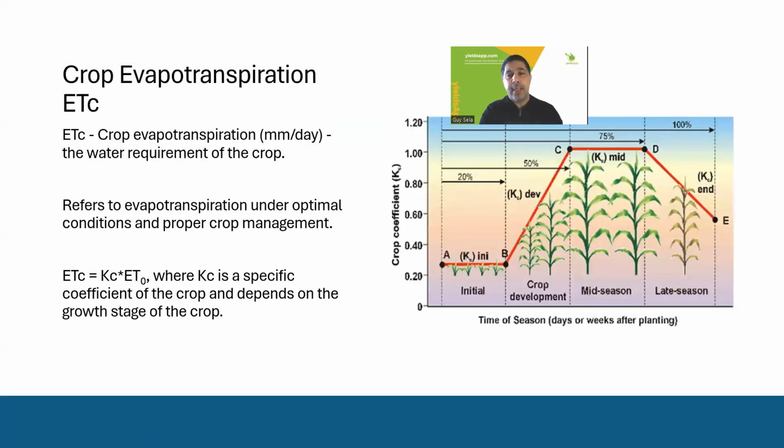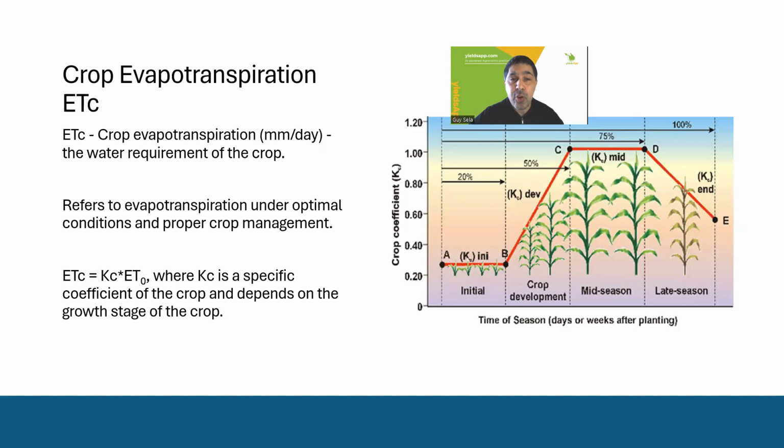Now it brings me to the crop evapotranspiration, ETc, the evapotranspiration of the crop. By the way, we measure evapotranspiration in units of depth, millimeters or inches. The evapotranspiration of the crop depends on the development stage of the crop, and at each development stage we can assign a Kc.